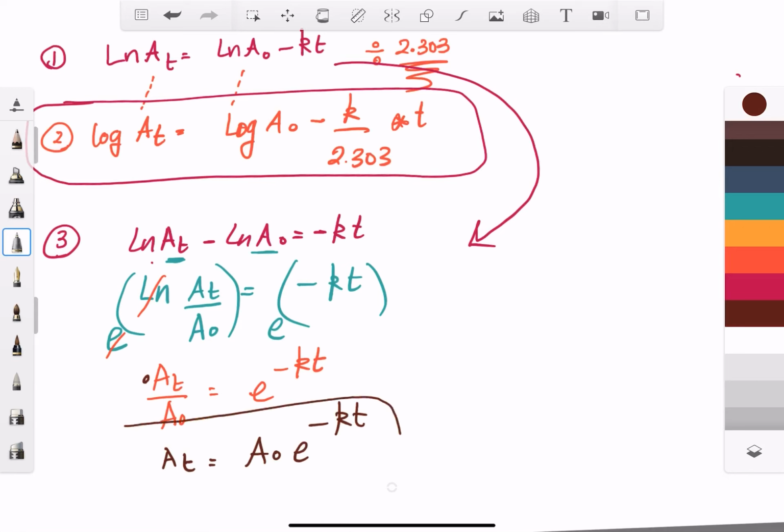Okay, this is the last equation that we can use to represent the first order reaction. And again, this is in the ln term, this is in the log term, and this is an exponential term.